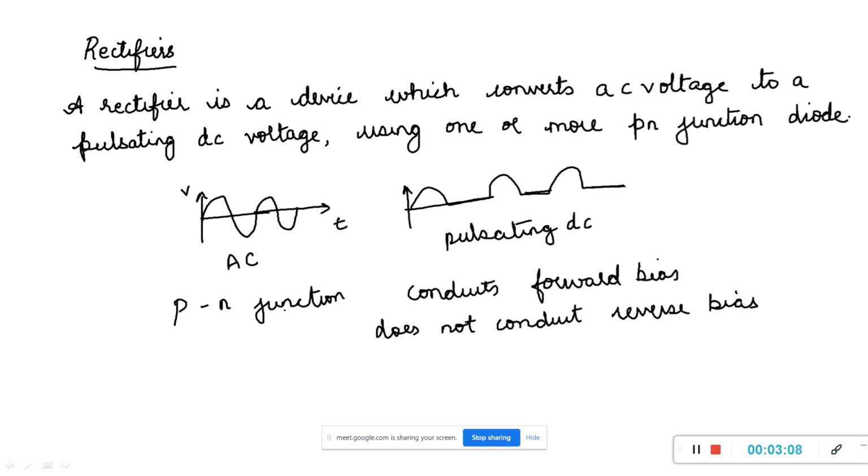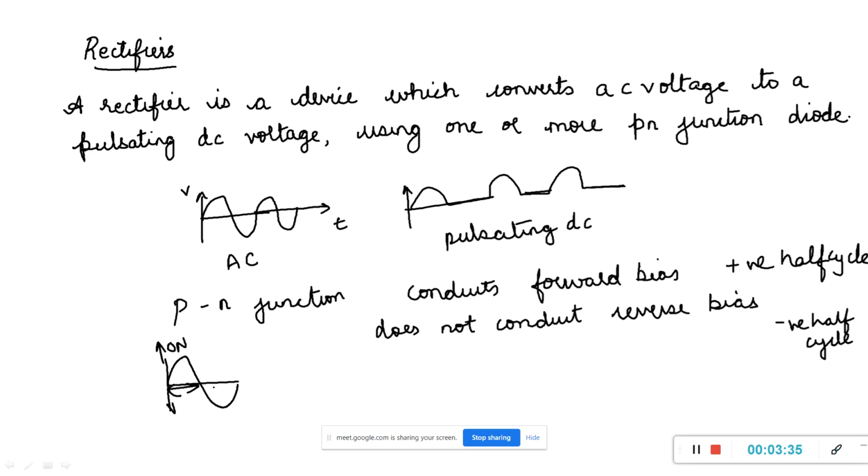So it means to say that PN junction conducts only in the positive half cycle of the AC input voltage. It does not conduct during negative half cycle of the AC voltage applied. So if this is the input applied to the diode, the diode conducts only during this duration. So diode is on during this duration and diode is off during the negative half cycle, because diode conducts only on the forward bias.